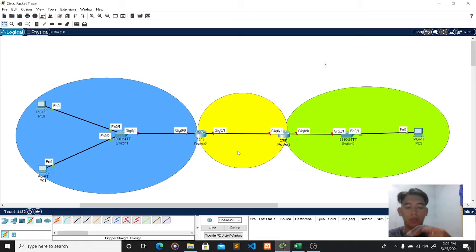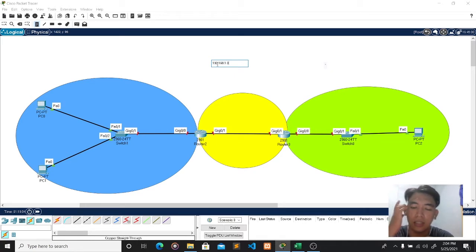Okay, so assuming that I have three networks, my default IP address is 192.168.1.0.